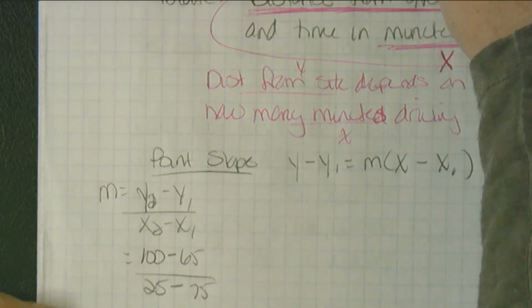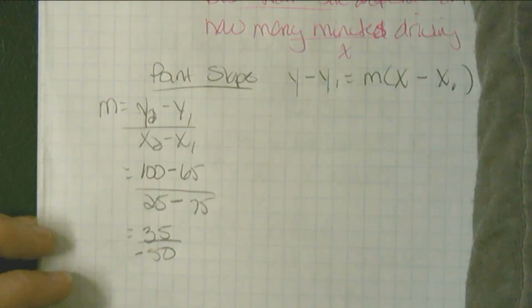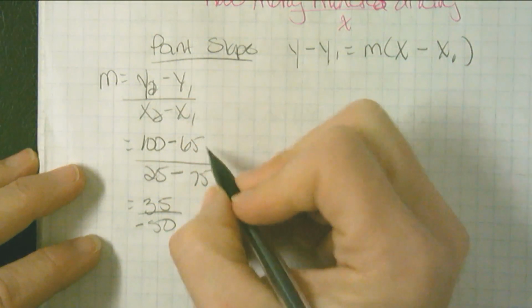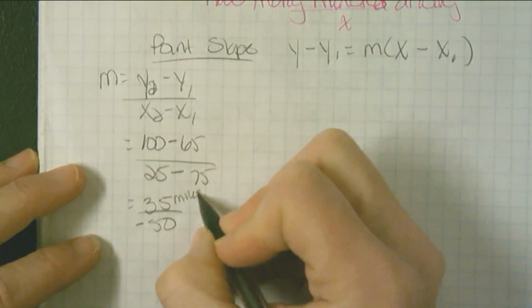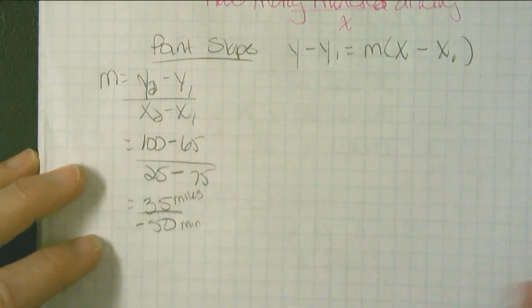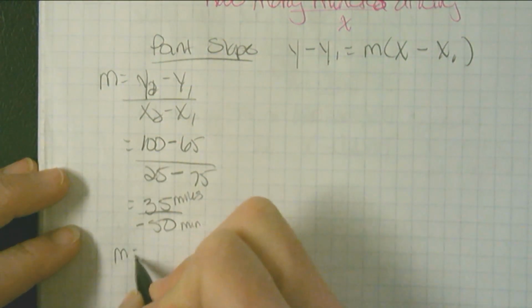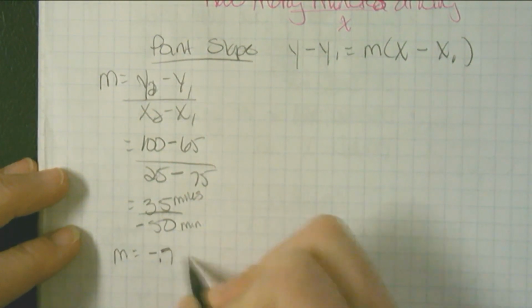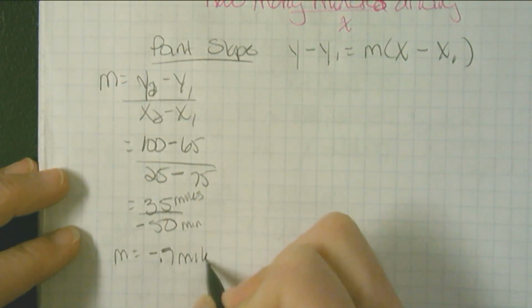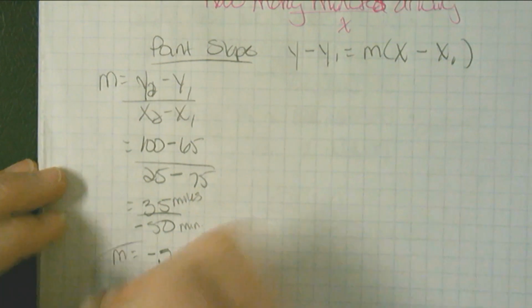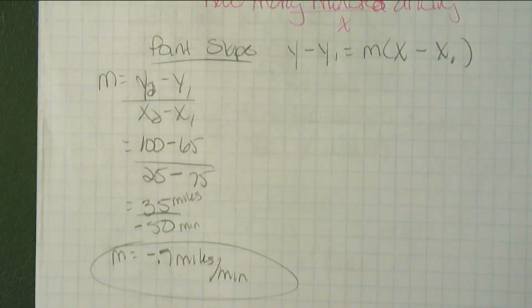All right, I'm going to turn that into a rate, because this is miles and this is minutes. All right, so 35 divided by 50, my slope is a negative 0.7 miles per minute. That's what my slope means, and I would expect you to know what your slope means.